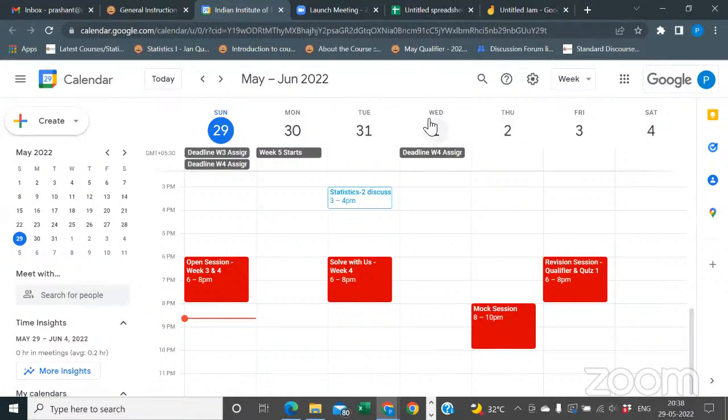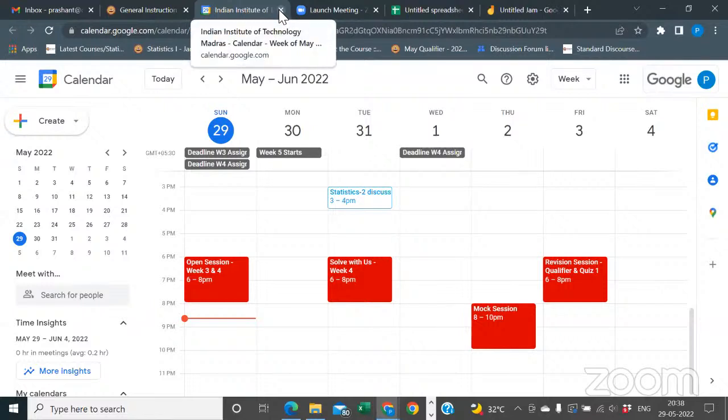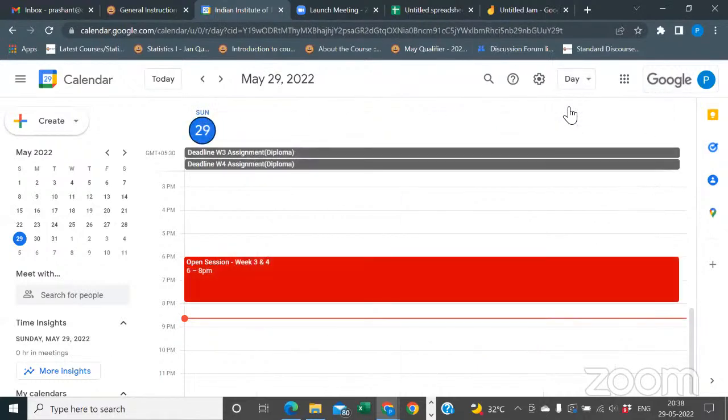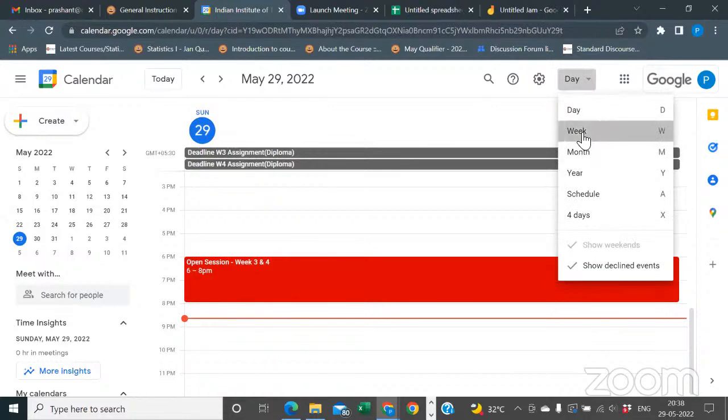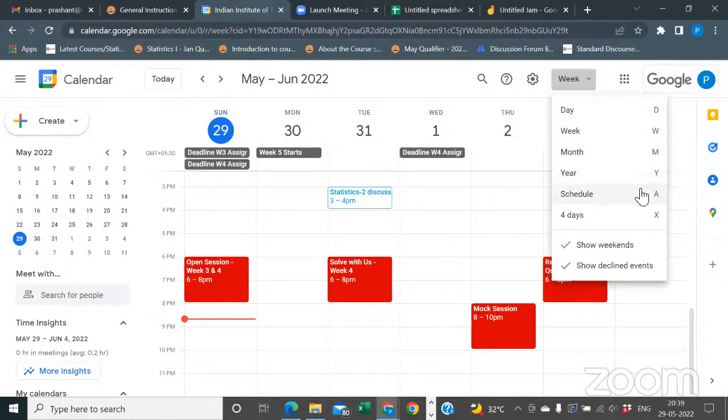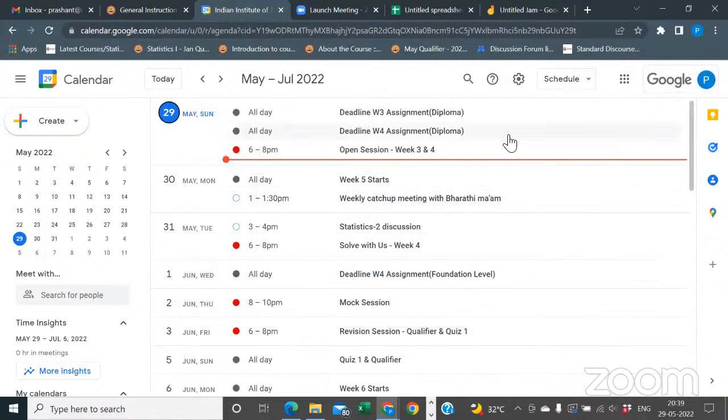In the week view you can change the schedule. Change the week to days, then you get the whole day, and you can see which classes you want to attend.